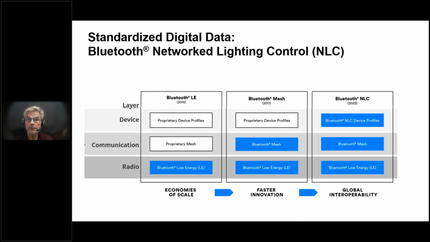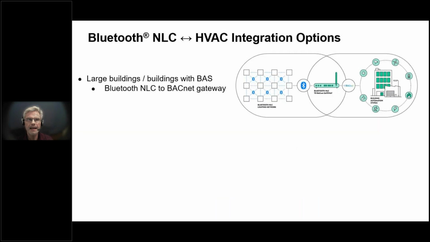It's called Bluetooth NLC, and it supports multi-vendor solutions for network lighting controls, so you can now buy a wireless lighting control system with no worries that the vendor might go bankrupt and leave your equipment stranded without service support. In large buildings with a building automation system, a Bluetooth NLC lighting control system can communicate with the building automation system through a BACnet gateway.